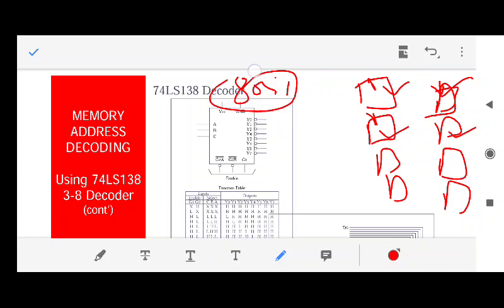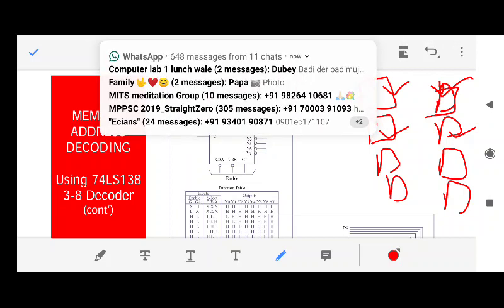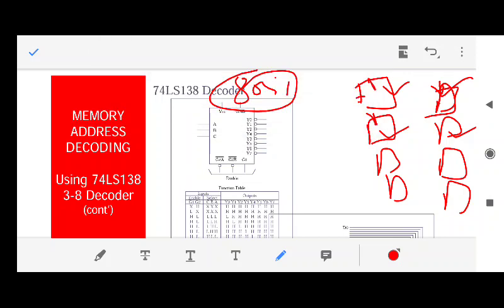But 8051 has only 16 address lines. Out of that 16 address lines, some are used to address these memories. Fine. If you have 8 chips at a time, then how can you select these chips? You need 8 signals from 8051, but 8051 doesn't have 8 signals for it. So what it will do, it will make use of this decoder.